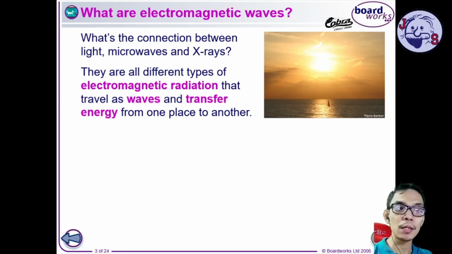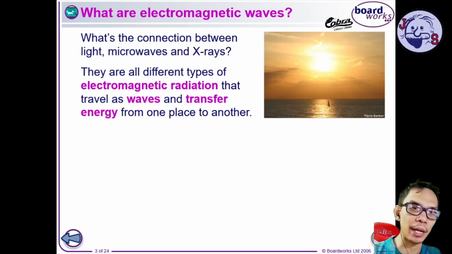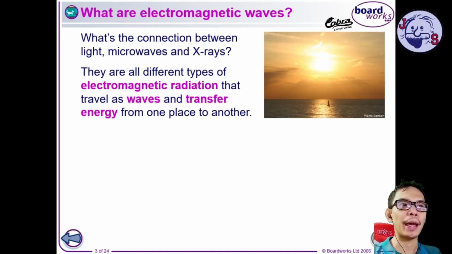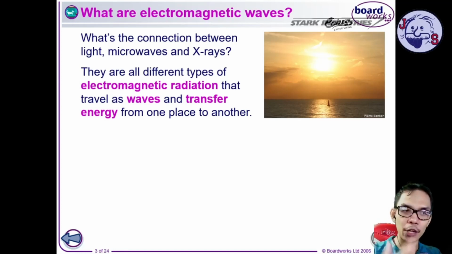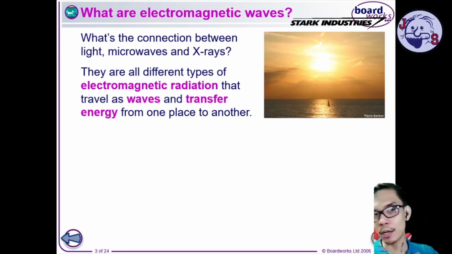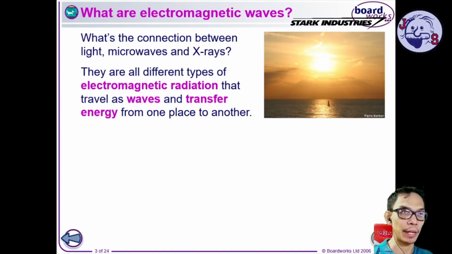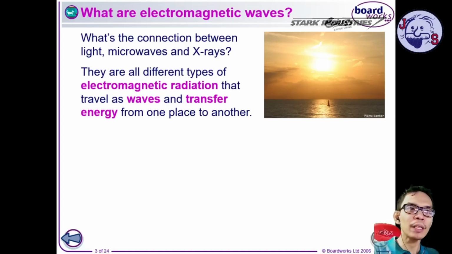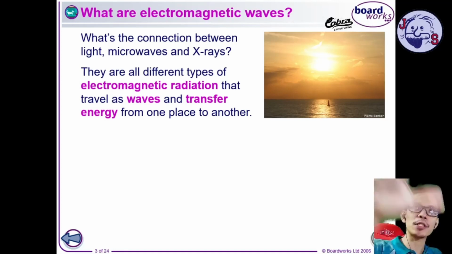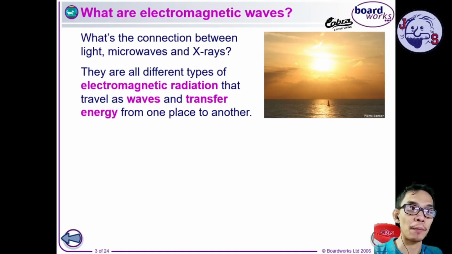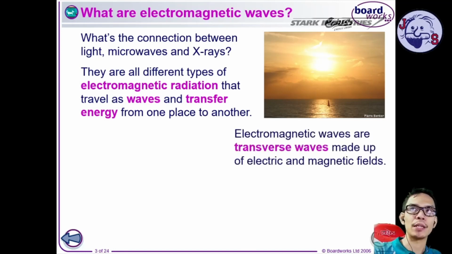This is energy transfer through waves, and the energy can be transferred from one source to the receiver. That is how you classify electromagnetic radiation. Examples are light, microwaves, and X-rays.